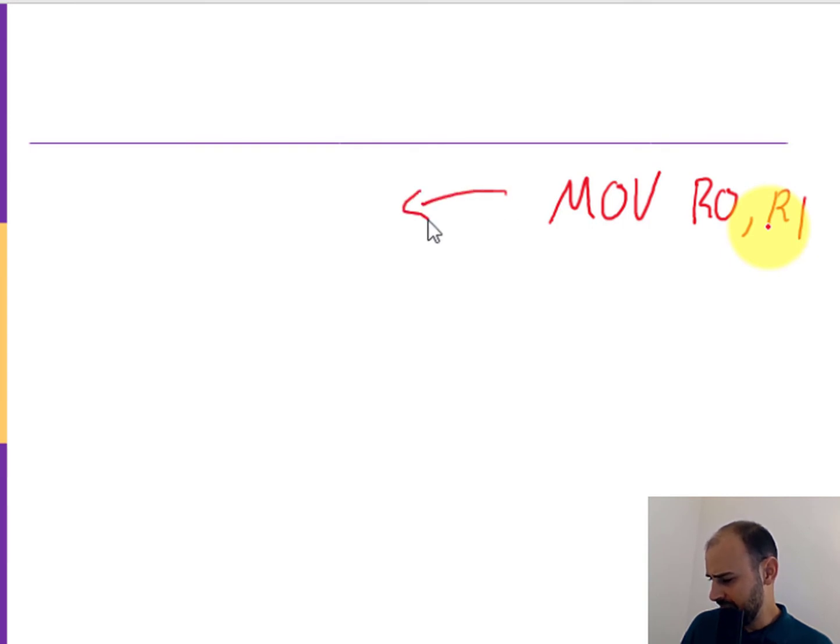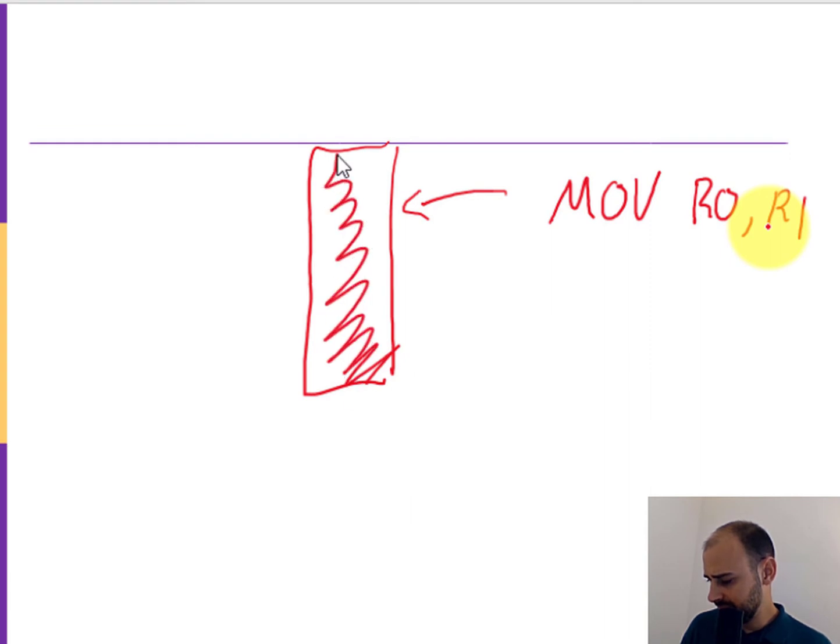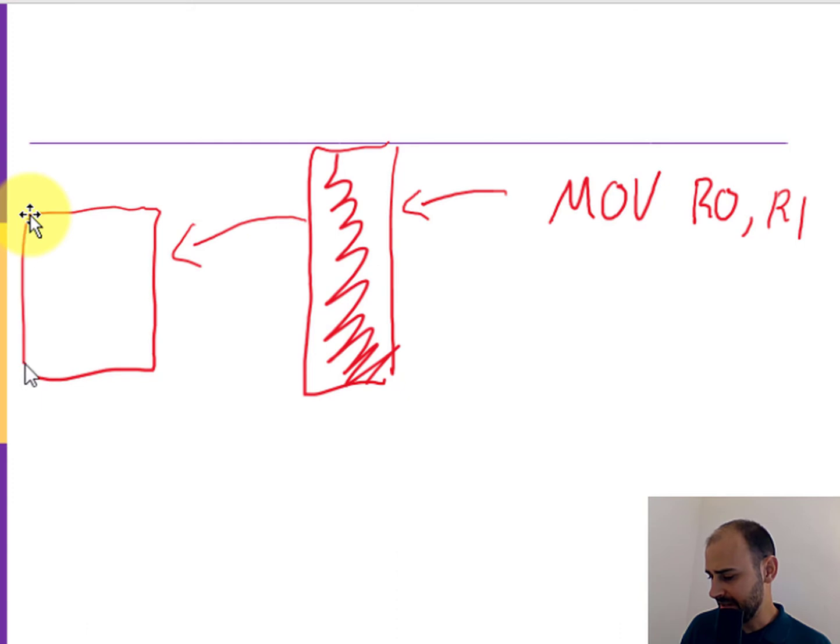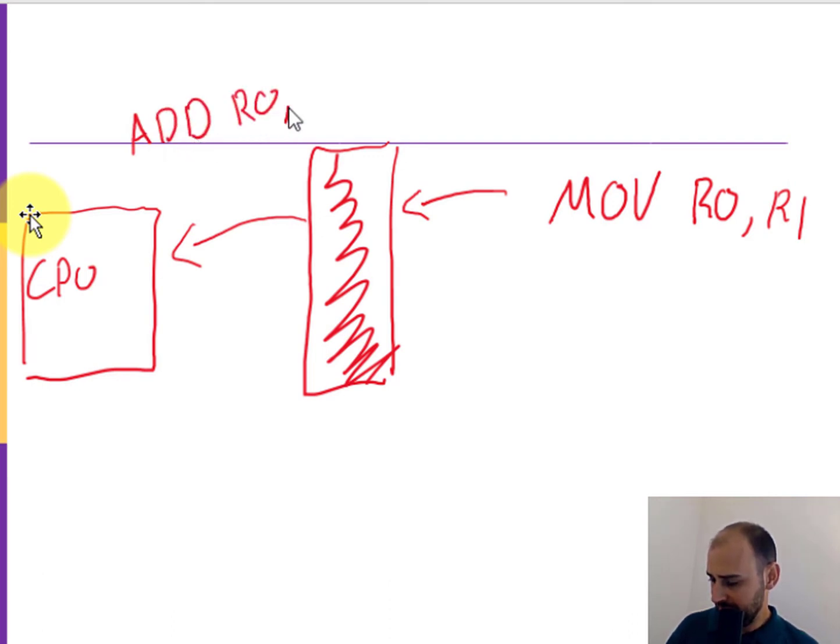It's going through a layer, and before it actually runs on the processor, the instruction it actually sends in is an add R0.